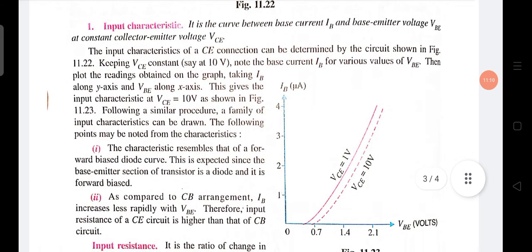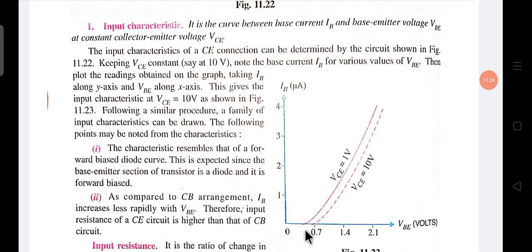First of all, what is the input characteristic? You see, this is the input characteristic. The x-axis is VBE, the base emitter voltage, and the y-axis is the IB current, with VCE constant.